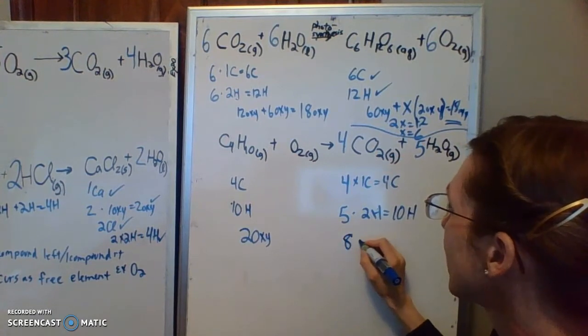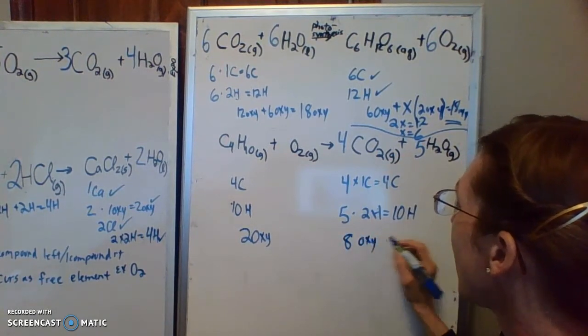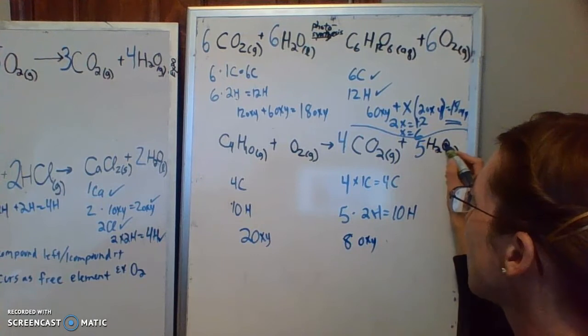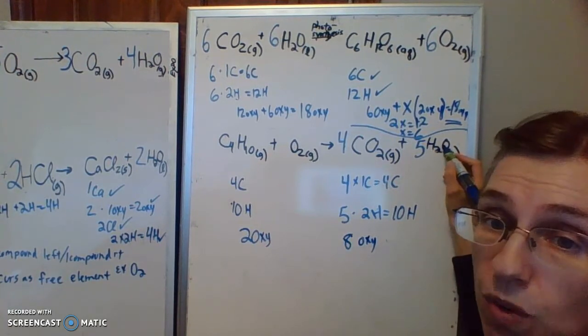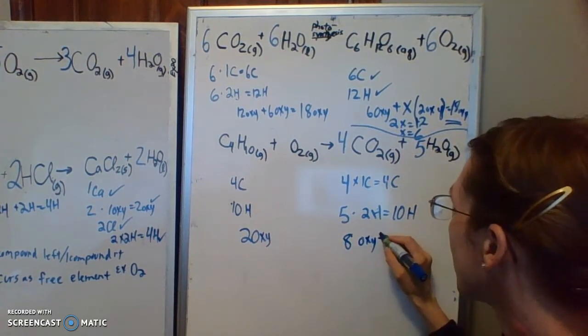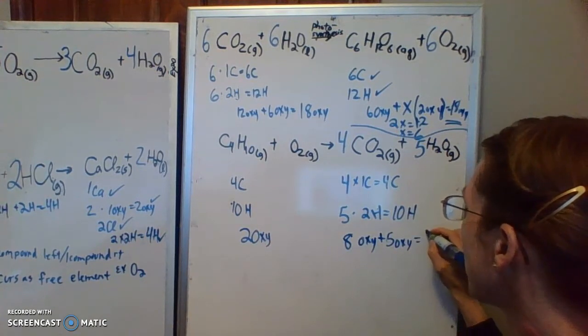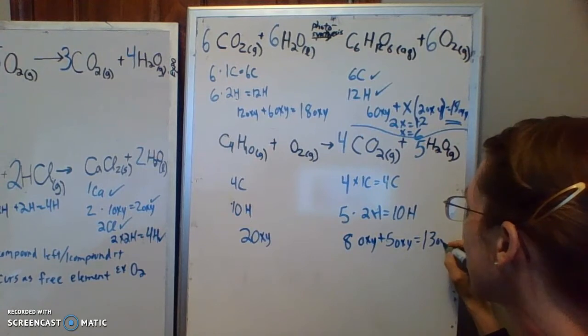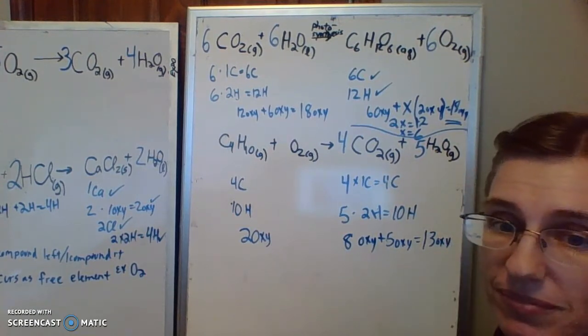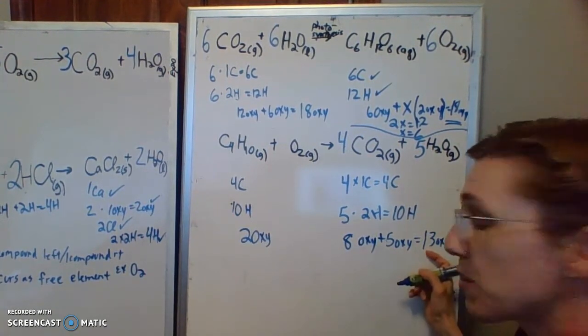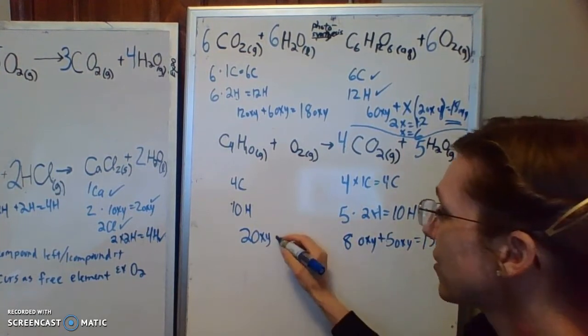So we have 8 oxygens from carbon dioxide. We have 5 water molecules. Each water molecule has 1 oxygen. So 5 oxygens from water. We add them up and we get 13 oxygens. Okay. Now this is the bigger number, so we need 13 oxygens over here.